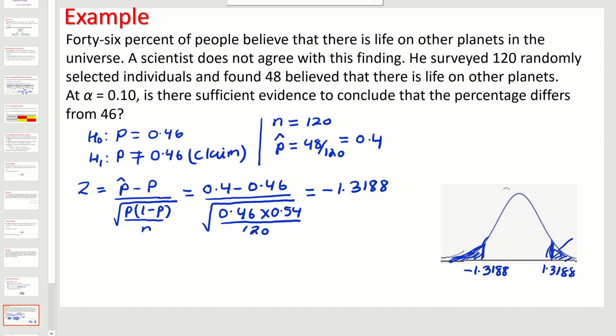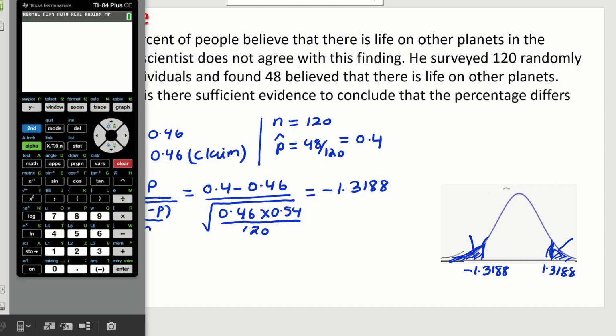So we need to find these areas. In order to find these areas, we need to use our calculator. So in the calculator, we press second and then vars and number 2. Lower limit we can take on this side, which is negative infinity. That's good. Already there. And the upper value is negative 1. Hold on. That is negative E99.